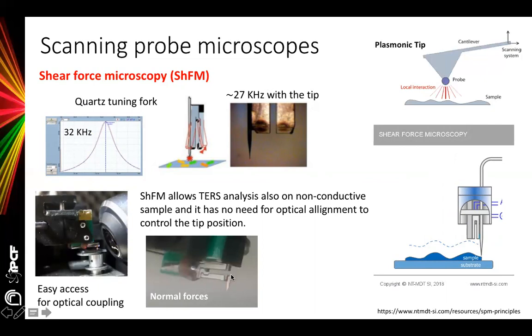So in this case, we are monitoring not the shear force, but the normal force. And another advantage of this configuration is the easy access for the optical coupling of an excitation laser beam in TERS. You see there is a lot of free space that we can use to put our objective.